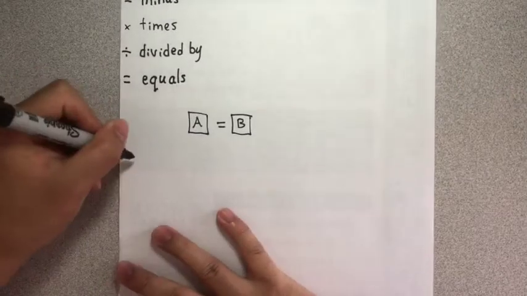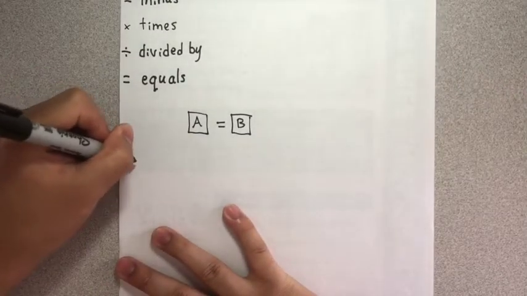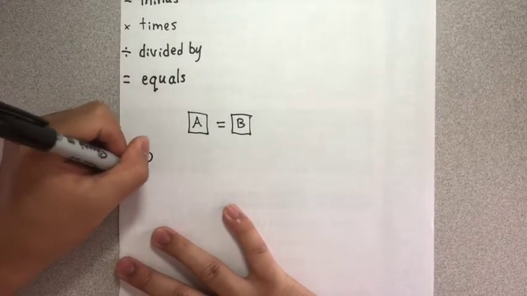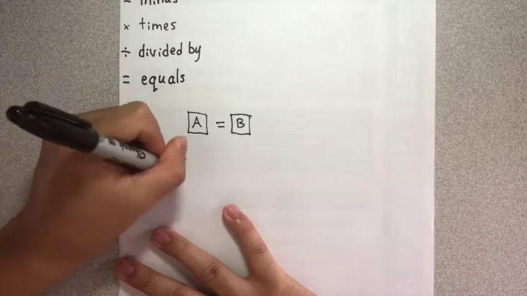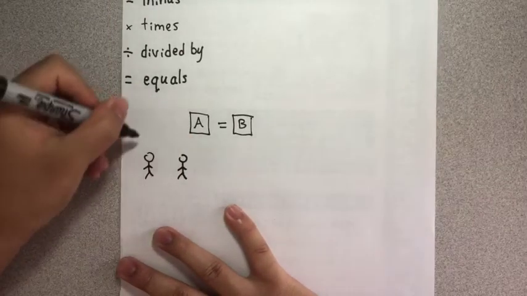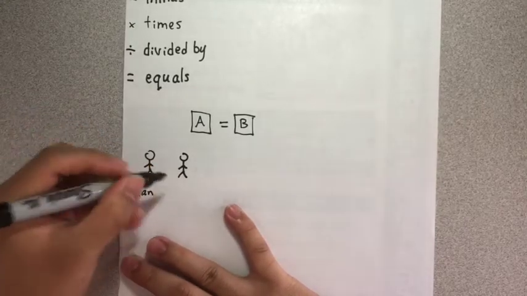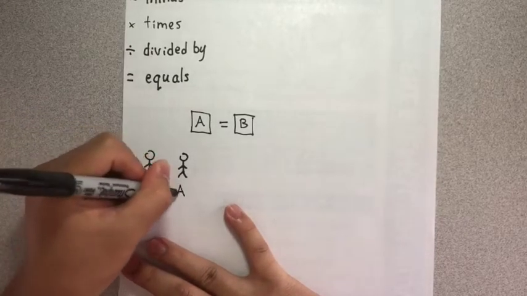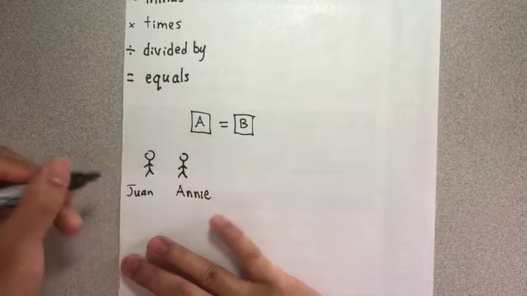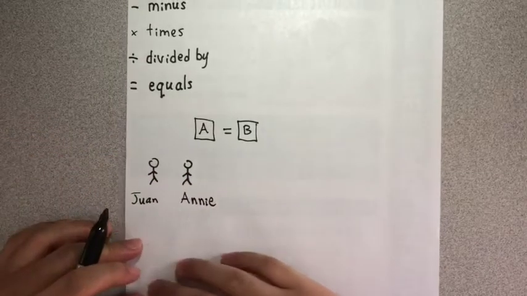So let's say we have 2 people, okay? There's 2 people. Let's call this person Juan, and let's call this person Annie. Okay, we have Juan and we have Annie.